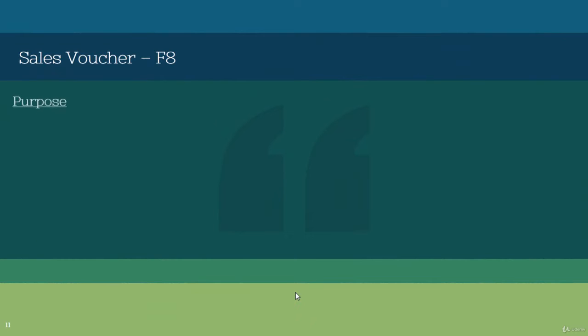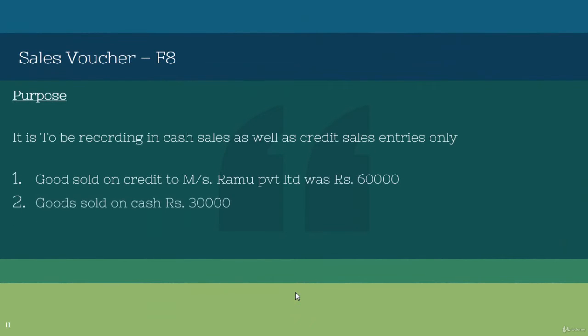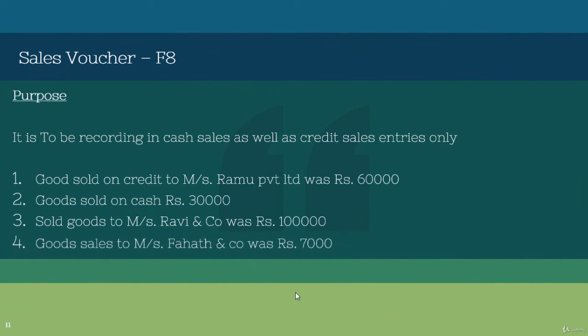The next voucher is the sales voucher. If you sell on cash or credit basis, you need to enter the entries in the sales voucher, cash sale or credit sale. These two entries are recorded only in the sales voucher. The shortcut is the F8 key.